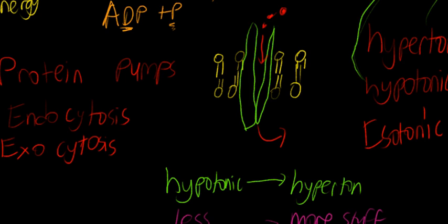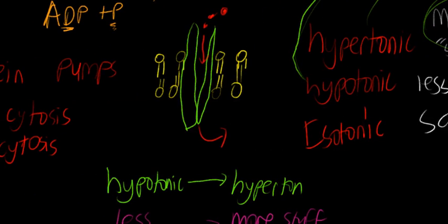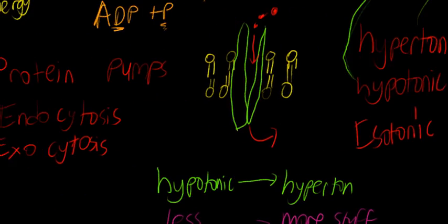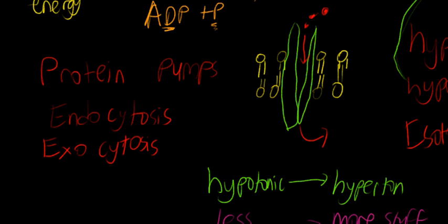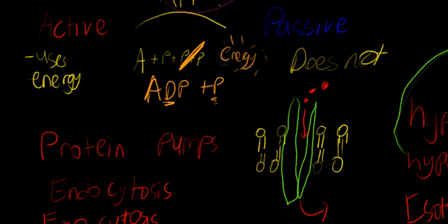So let's say that this solute here decides he doesn't want to be in the cell anymore. If he wants to leave and come out here, he's going to go through active transport, using up energy in the process. So the first way that a solute can achieve that is by going through a protein pump like this one, which takes some of this adenosine triphosphate and actually uses it to force molecules from where they're less concentrated to where they're more concentrated.